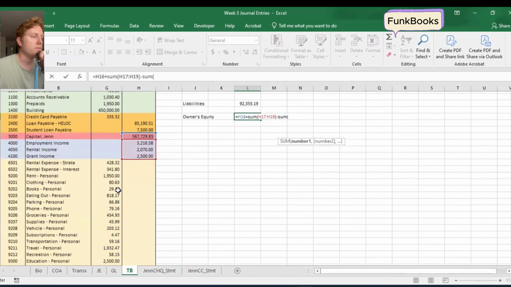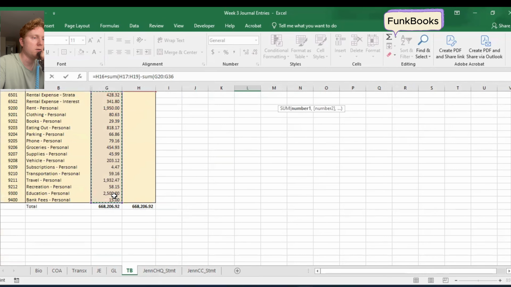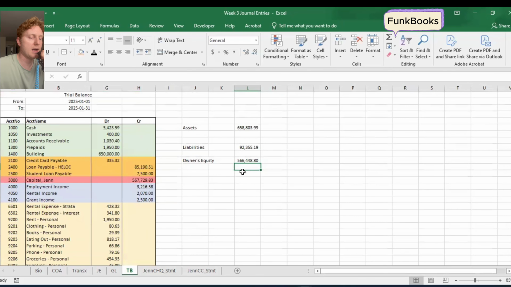So minus all of these up to here. And hopefully this gives us a number we are happy with. So our assets plus our owner's equity, these match. So assets equals liabilities plus owner's equity right there.